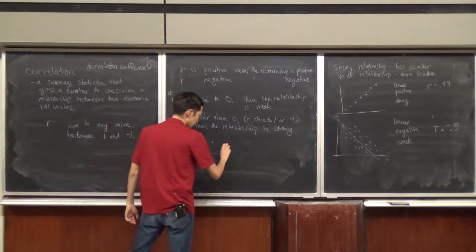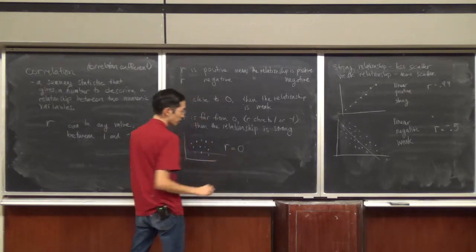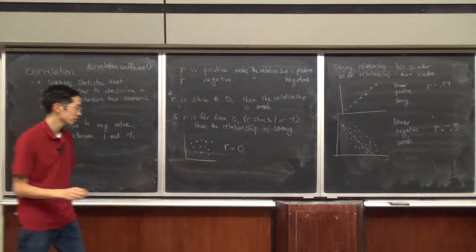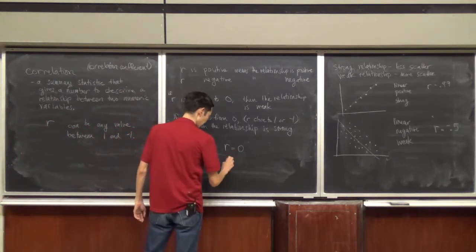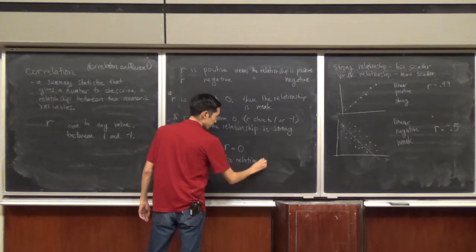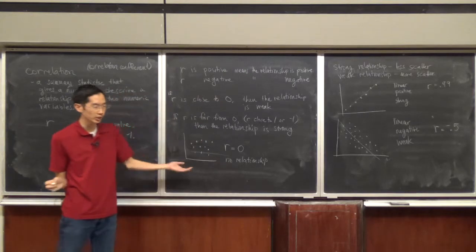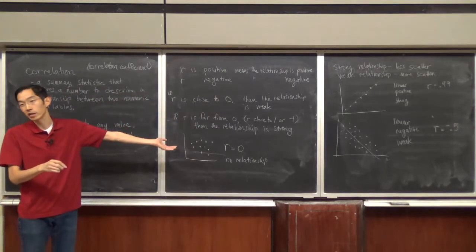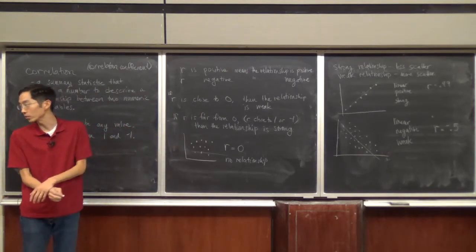We would have no relationship, so R would be equal to 0. The relationship is neither positive nor negative, and R reflects that. 0 is neither positive nor negative.